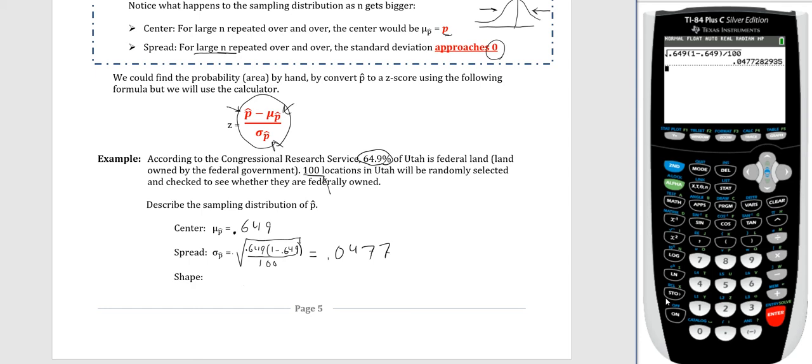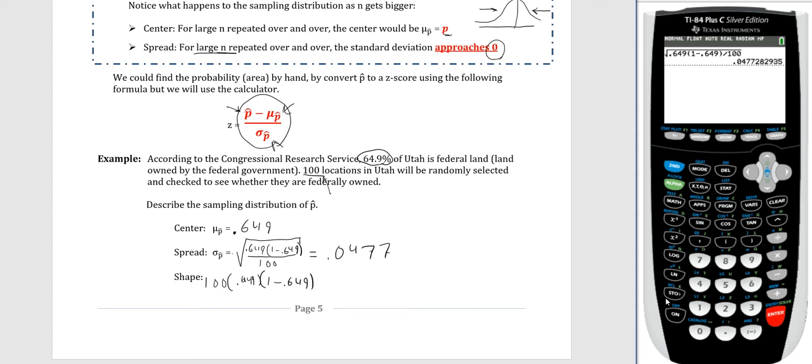Now we also need to talk about the shape, because if we can't confirm that it's normal, then we can't really use normal distributions on this. Our first condition for the shape is to check np and n(1 minus p). Our sample size is 100, so we're going to do 100 times p, which is 0.649, times 1 minus 0.649.